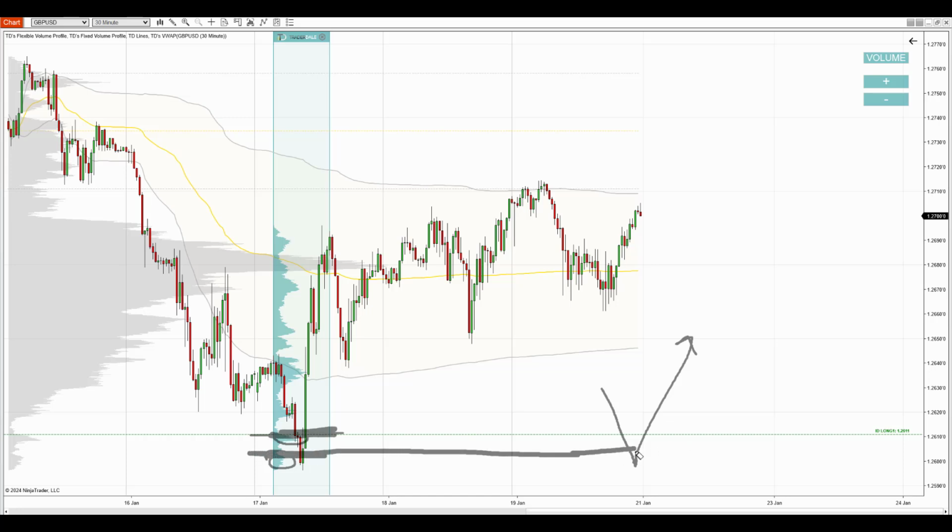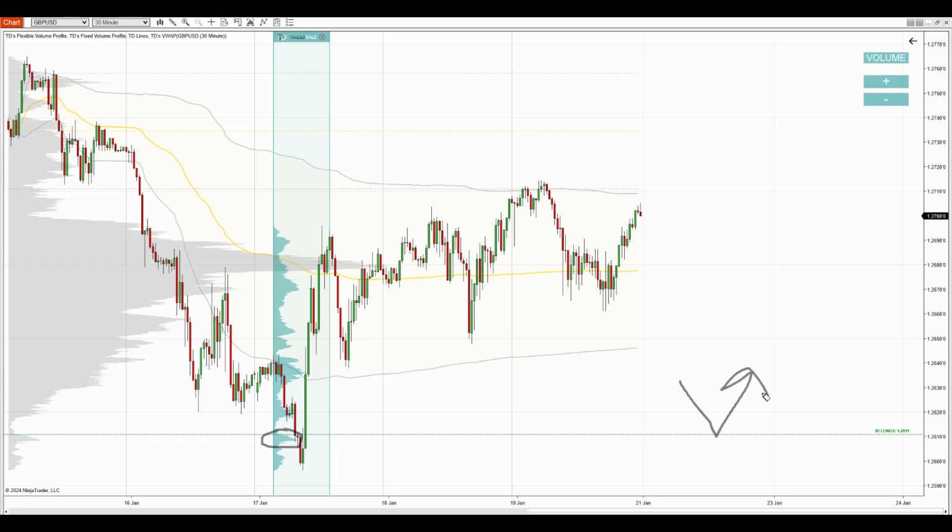So if the price overshoots this level, I'm still going to hold it and hope for a reaction from here. This is the place where I think the reaction will occur, because buyers from here should defend this place because it's clearly important for them, and they should push the price upwards from there again.